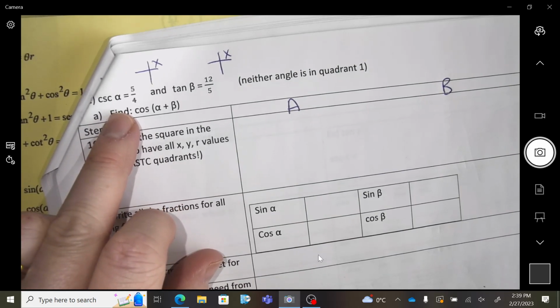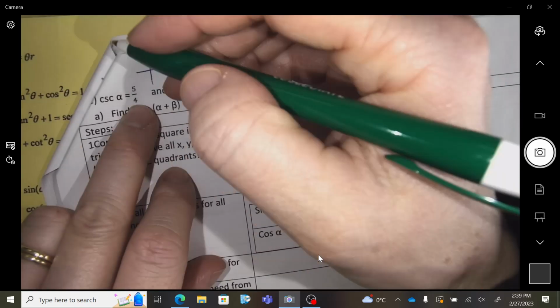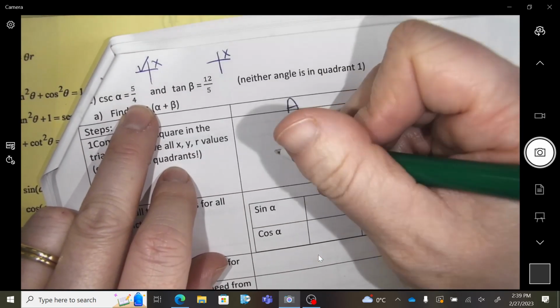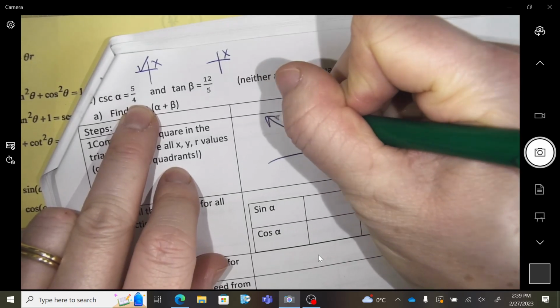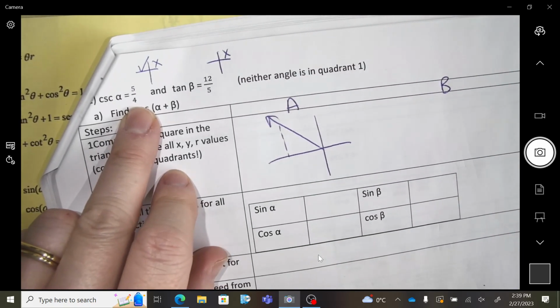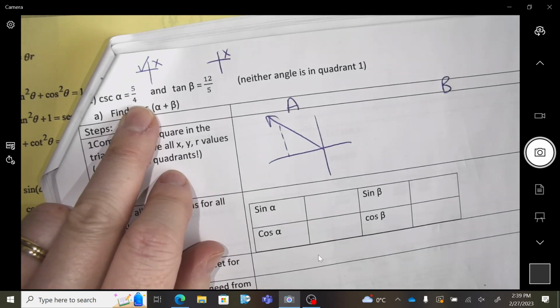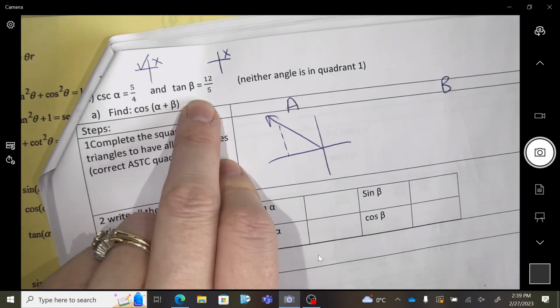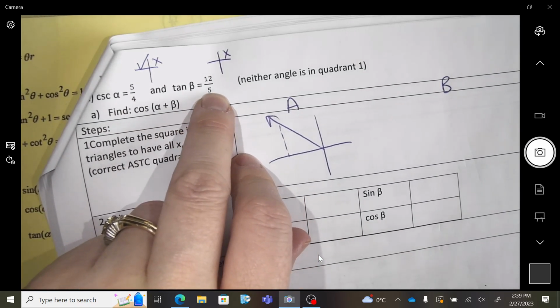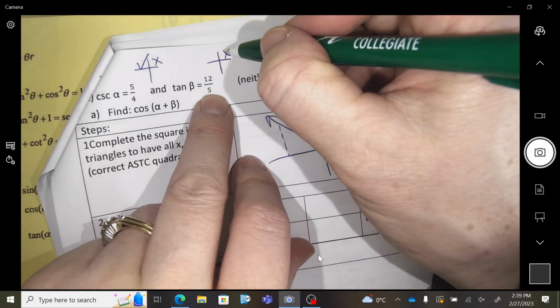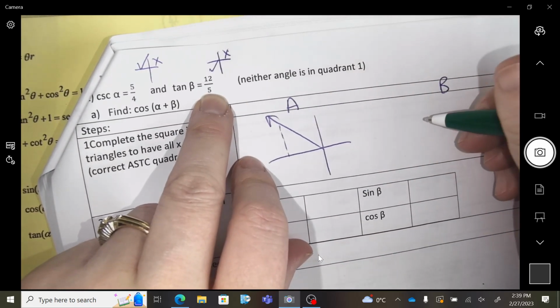Instead of thinking along the lines of cosecant, what are you probably thinking instead? Sine is positive, so then I must be in quadrant 2. So A is in quadrant 2. B, where is tan positive? Can't be in 1.